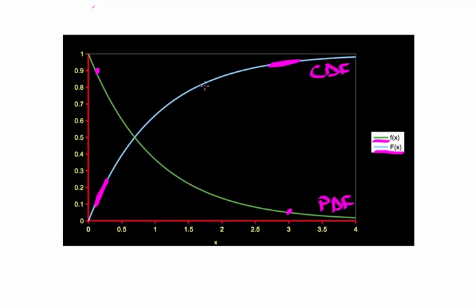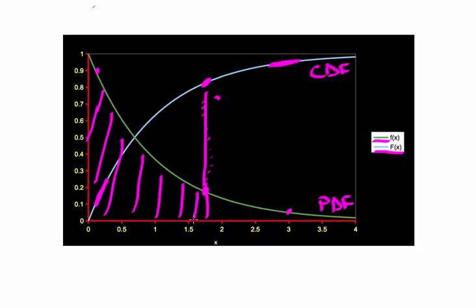Now, based off of the relationship, we know that the CDF is the integral of the PDF, which is the area under the curve. And since values for our random variable are greater than 0, we just integrate from 0.